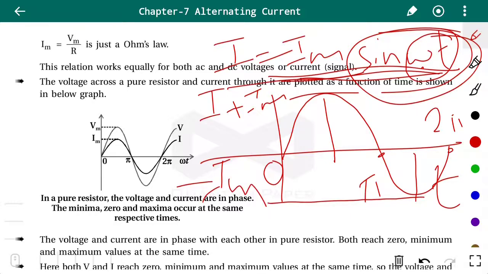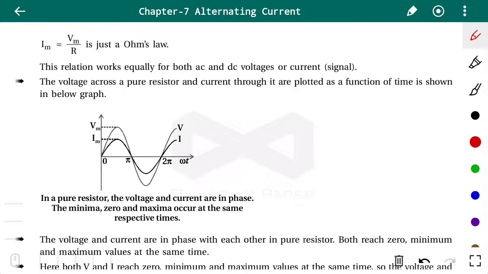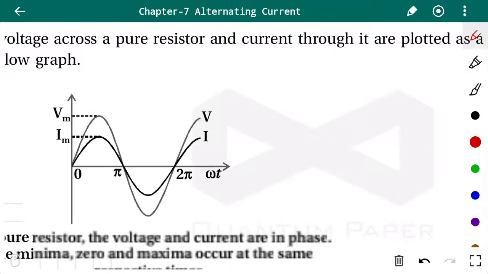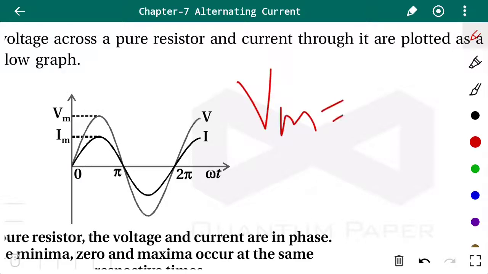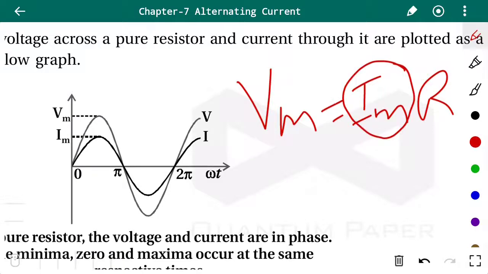So here you have seen the graphs individually, V equals Vm sin omega t and I equals Im sin omega t. The graph will be the same, but when we merge them, the maximum voltage is always greater than the maximum current, because by Ohm's law Vm equals Im into R. Whatever maximum current we get, when we multiply it with the resistance value, it will be greater than Im.